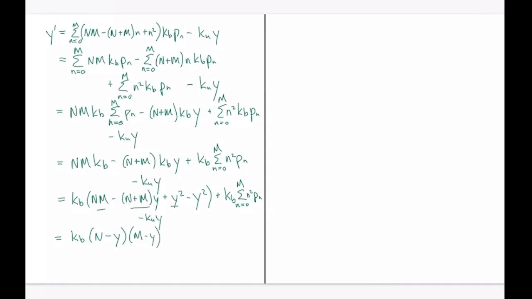That's these three terms. And then we're going to group this minus y squared times kb with this expression here. So we get plus kb multiplied by the sum from n equals 0 to m of n squared Pn minus y squared, minus ku times y. Now, hopefully this expression is familiar right here.